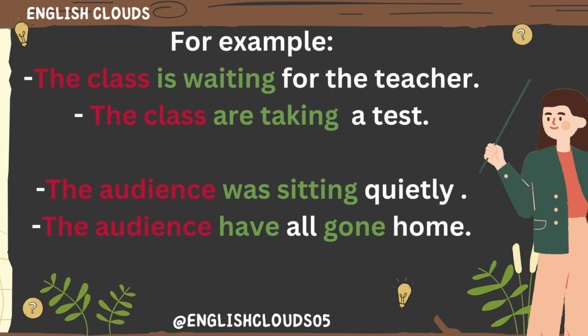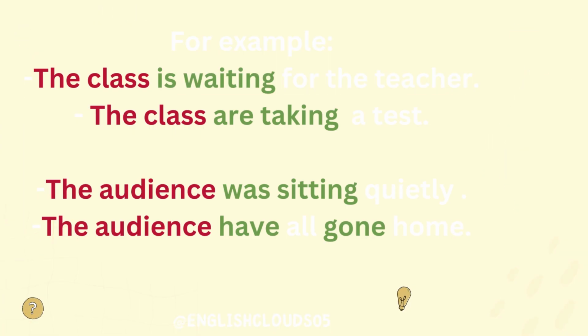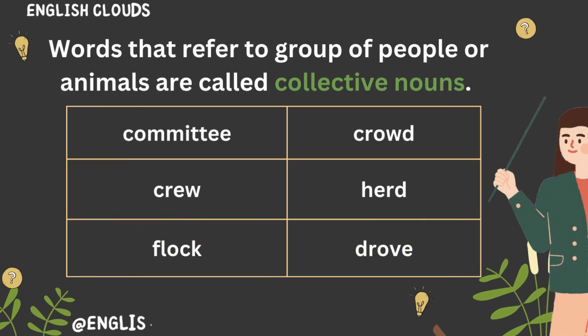The class are taking a test. The audience was sitting quietly. The audience have all gone home. Words that refer to a group of people or animals are called collective nouns. Committee, crowd, crew, herd, flock, group.